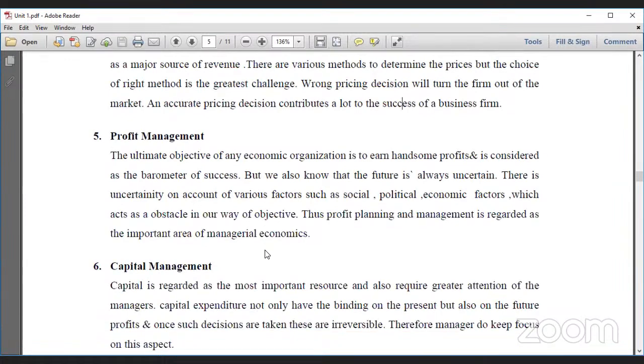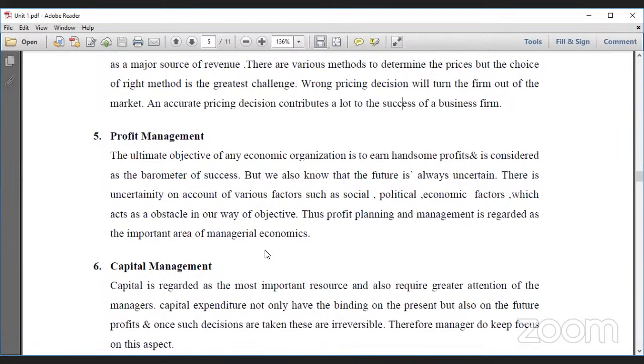Sometimes the pricing policies of the firms or industries highly influence the profit of the firms or industries. So there are many factors which can influence the profit. In addition to cost of production, for example, the social factors, political factors, natural factors also influence the profit.